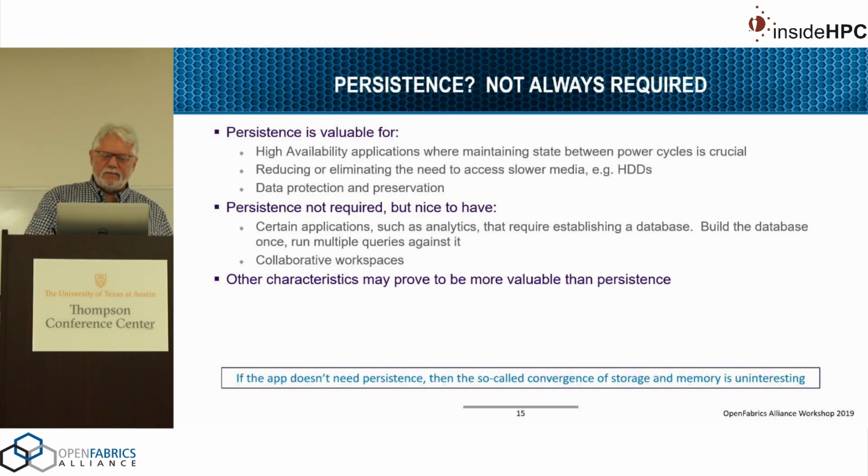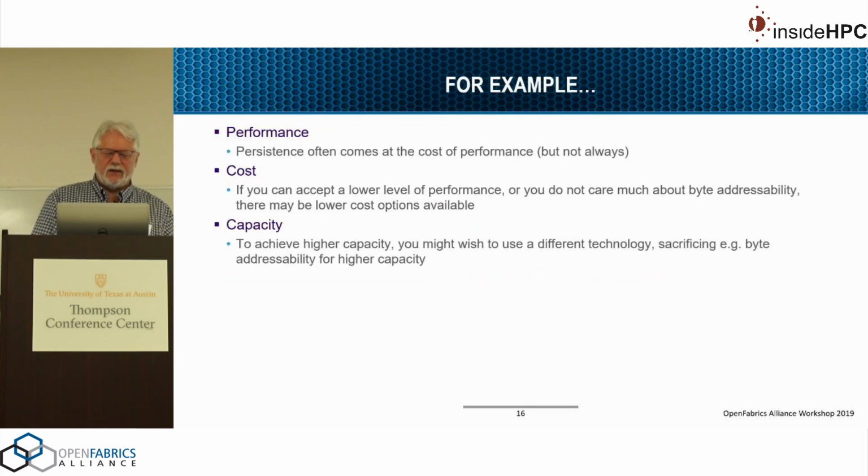So we've talked a little bit about some performance, some application characteristics and some system objectives that I think are going to drive the way this goes. Just an example, and I've harped on this so I won't spend much time here: sometimes, but not always, persistence comes at a cost of performance. Particularly when we're talking about a fabric, you're talking about the potential for added round trips, for example, things like that.